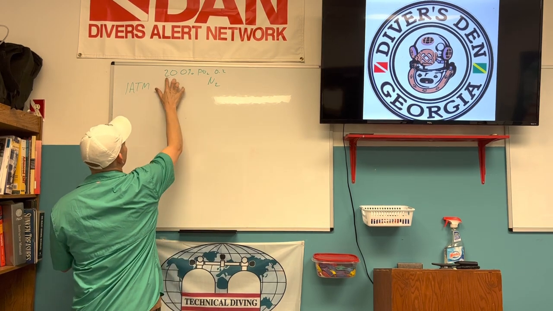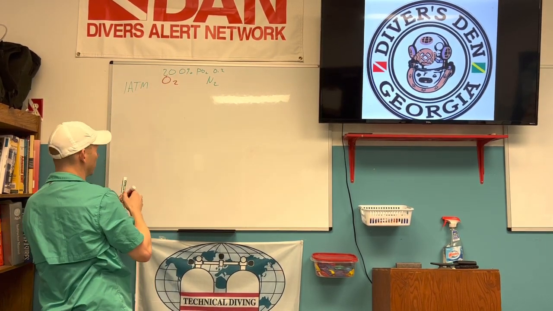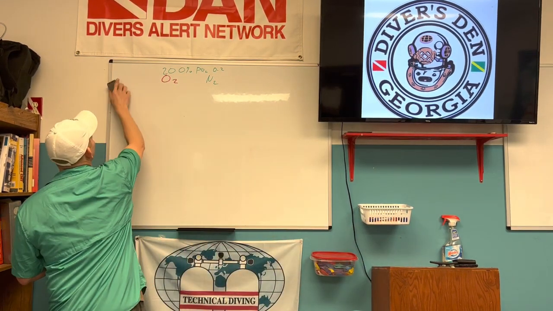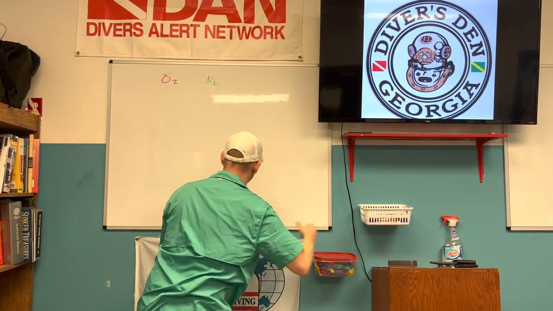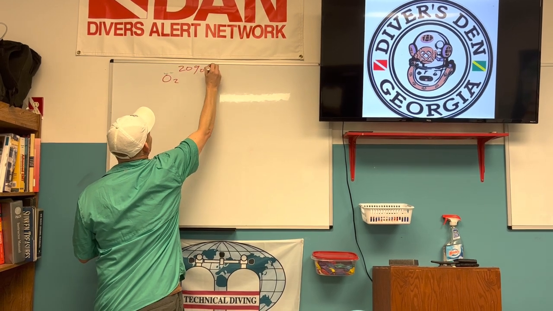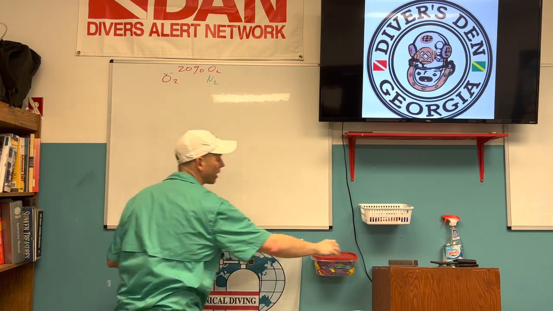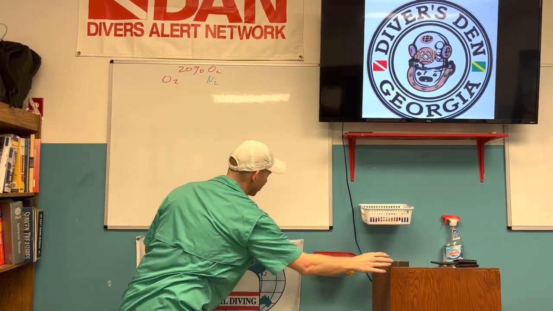We'll do oxygen as red, I guess, to make it easier. And nitrogen is 80%. So 20% oxygen. This is a little hypoxic. Our normal breathing air is 21% oxygen, but this is going to make the math a little easier.